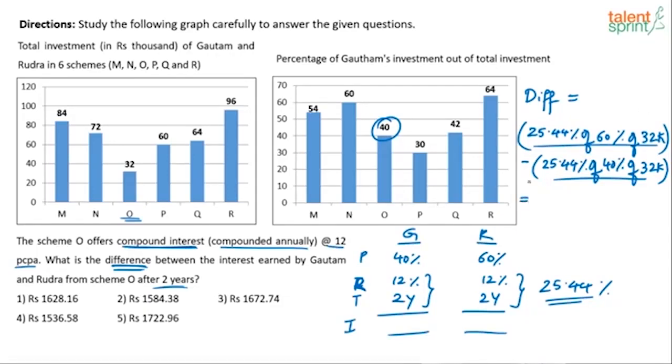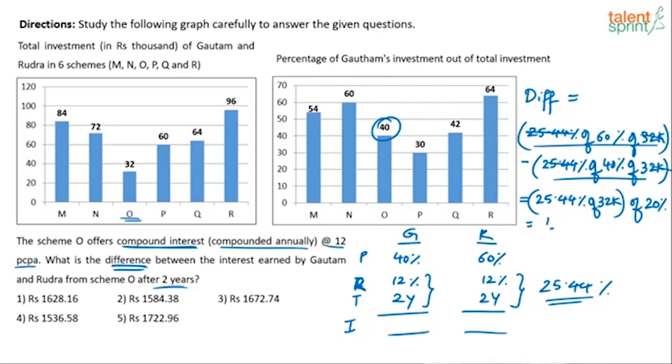So basically this boils down to what? Let us take 25.44% of 32,000 outside. This is the common part in both the terms, right? Common part I have taken outside of 60% minus 40%, which is 20%. So basically 1/5 of this.